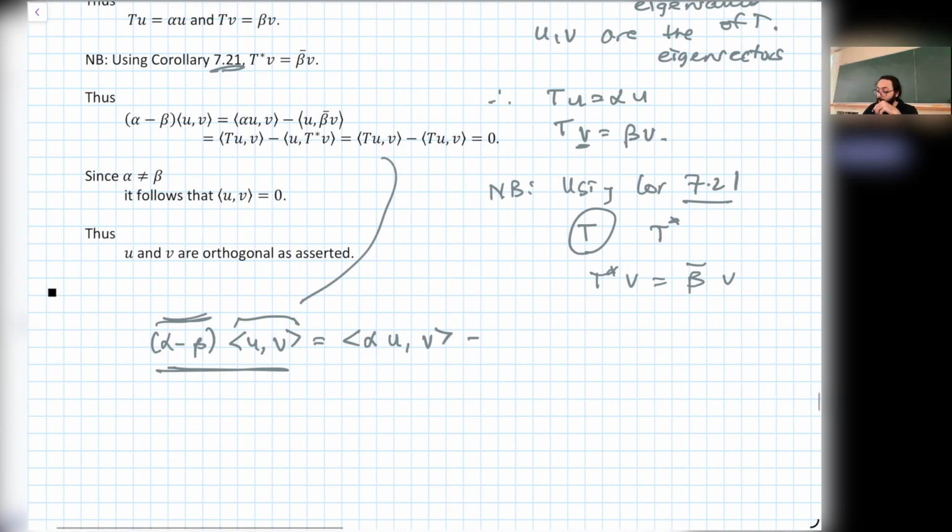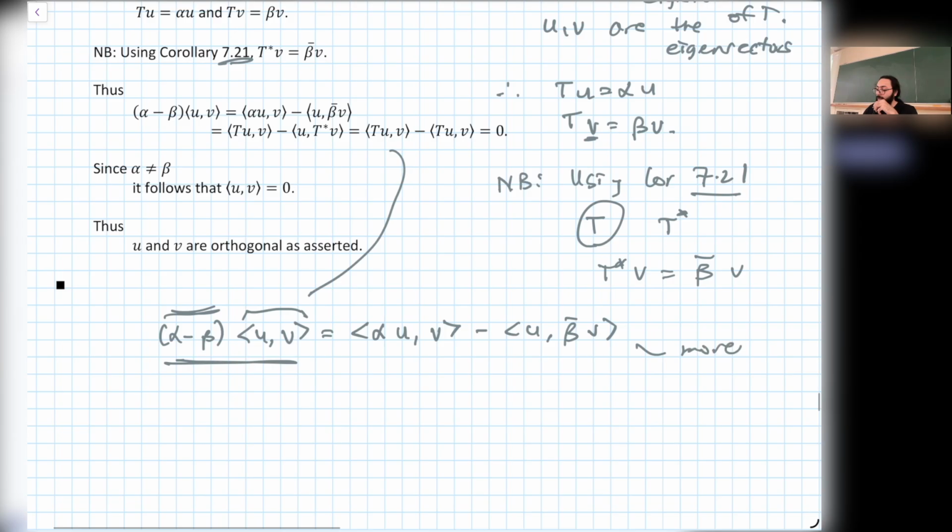So let's expand this. If you do that, we would get alpha<u, v> minus<u, beta bar v>. Is that okay? I skipped one step. I just took beta from the left hand side and put it on the right hand side. That's all. Moved beta. That's all I did. Yes. Okay.